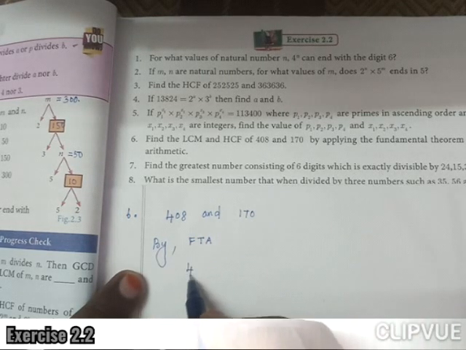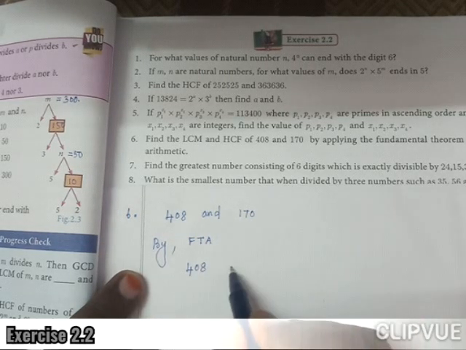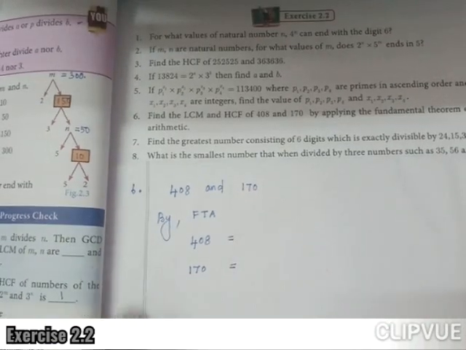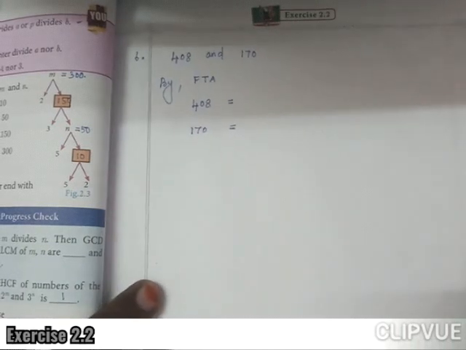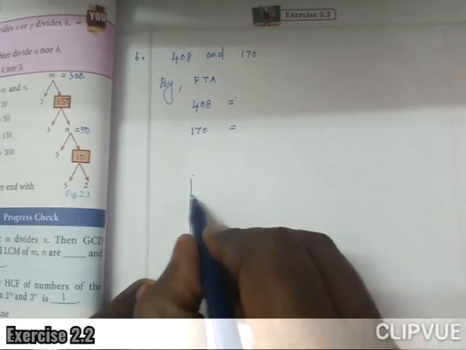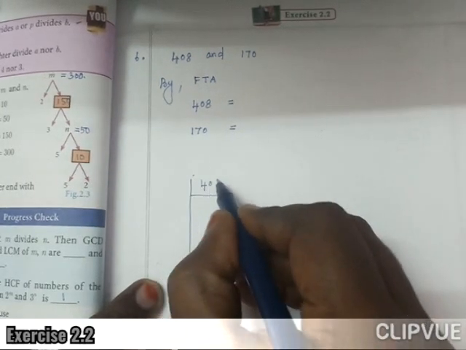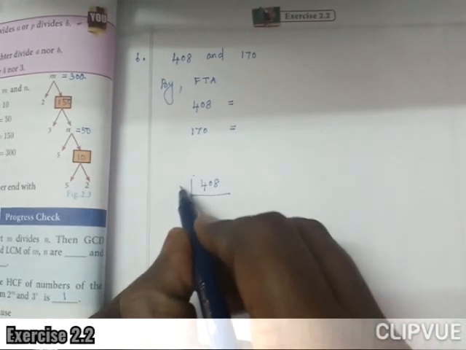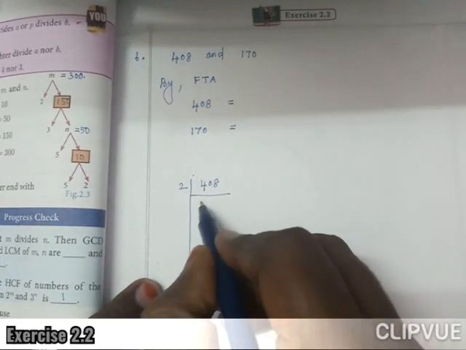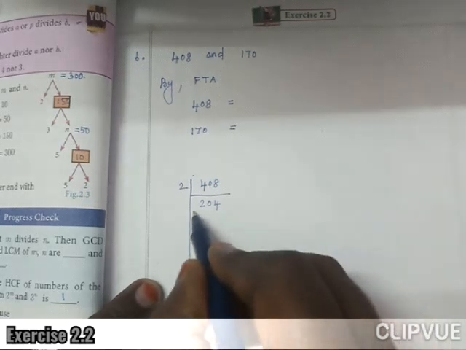So the first composite number is 408, the second one is 170. Now I am going to find the prime factors of 408 and 170. First 408. It will be divisible by 2. 2 fours are 8, 2 zeros are 0, 2 fours are 8.